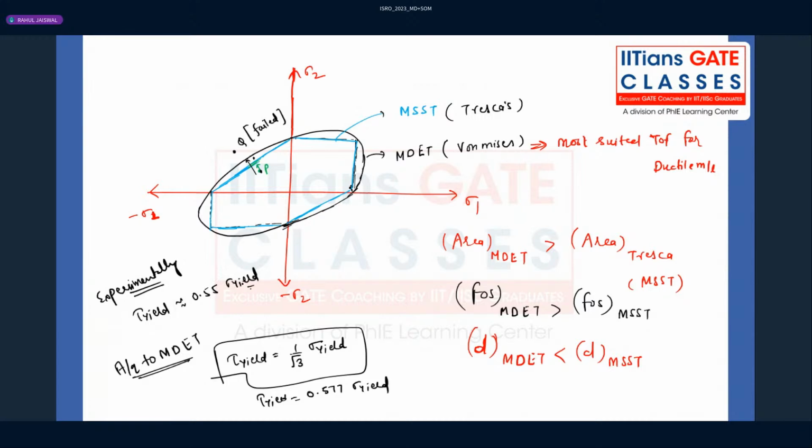But the result from maximum shear stress theory, he was saying that tau yield will be 0.5 times sigma yield, which is not closer to what we got experimentally. The closer value is this one, right? So this is the over safe design. This we also sometimes say economical design.